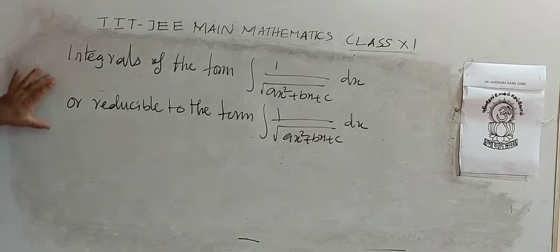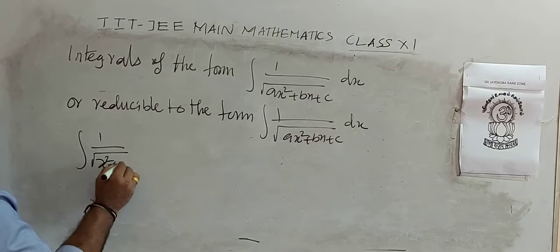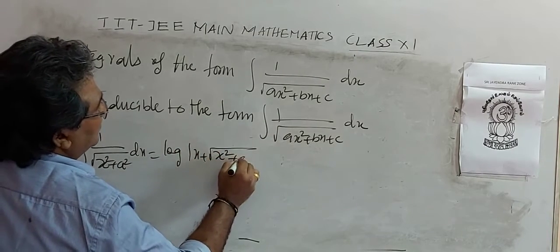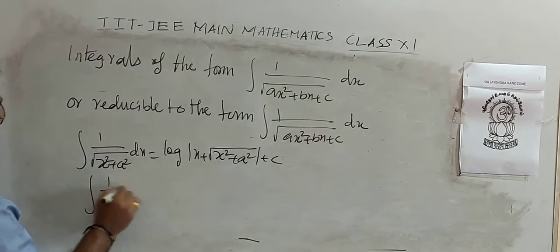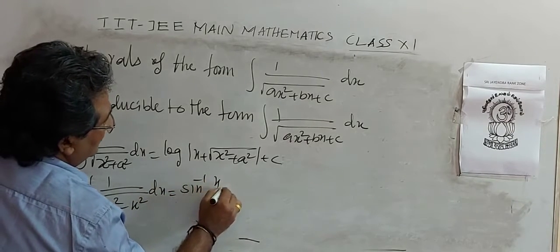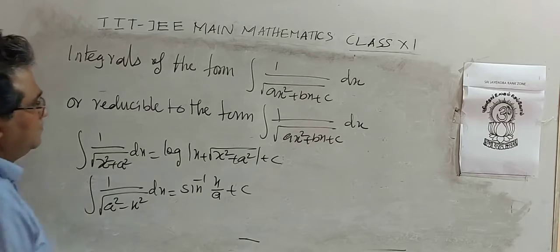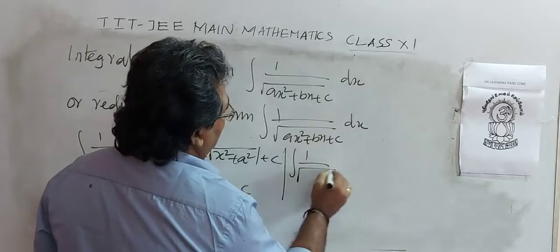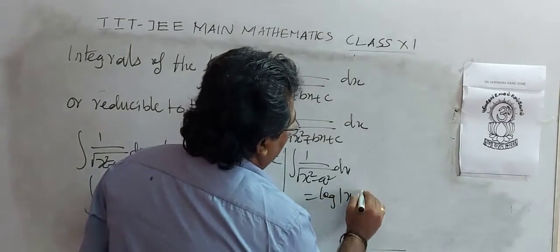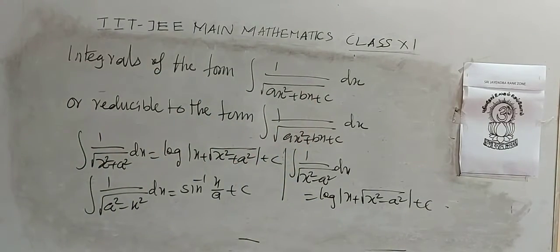In this session, in this type of integrals, you are going to use these formulas: integral 1 by root of x square plus a square dx; 1 by root of a square minus x square dx, sine inverse of x by a plus c; and log x plus root of x square minus a square plus c.